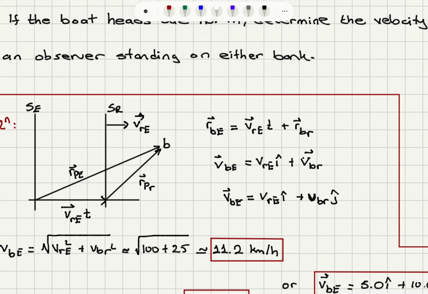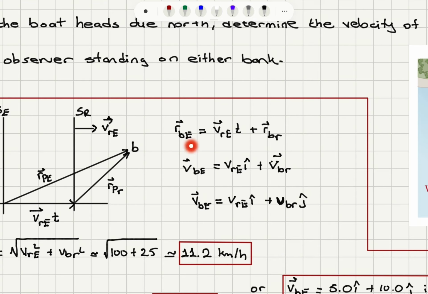And we are trying to report the position of the boat from the earth reference frame, from the water reference frame, and the water reference frame and earth reference frames origins are moving in time t a distance VRE times t. So I look at the position reported by the earth reference frame, that's this one for the boat. It is VRE t plus the position of the boat reported by the river reference frame.